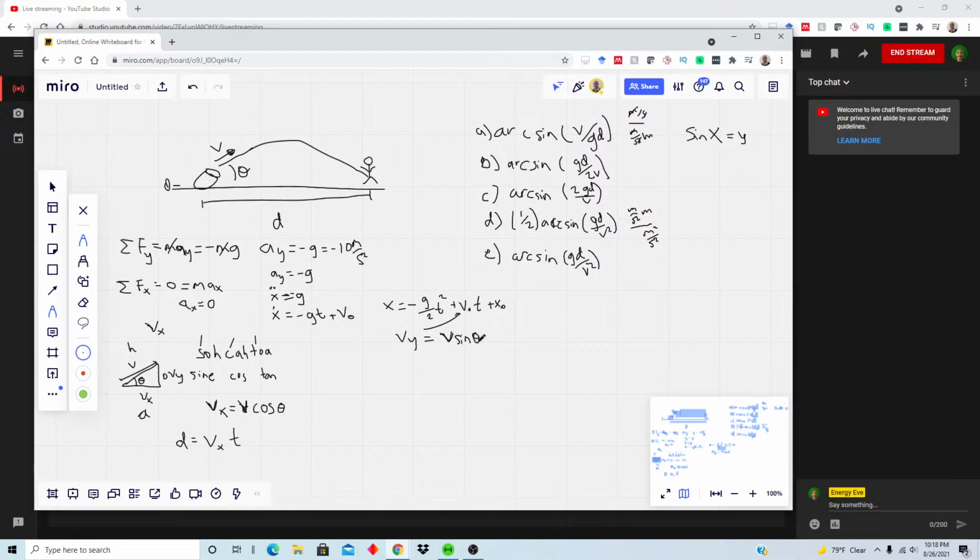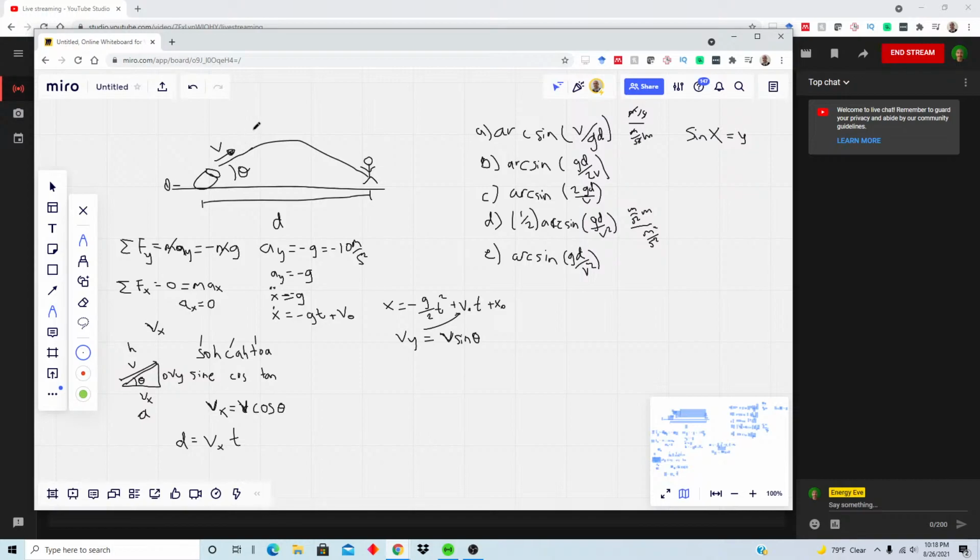Remember, what we want to end up solving for is this theta. Here, this is the starting position 0. This is the final position, actually. As time progresses, if we're purely looking at up and down, when time equals 0, we start here, purely in the y direction. As this thing starts moving in time, it's going to go up and up and up, because this is a parabolic trajectory.